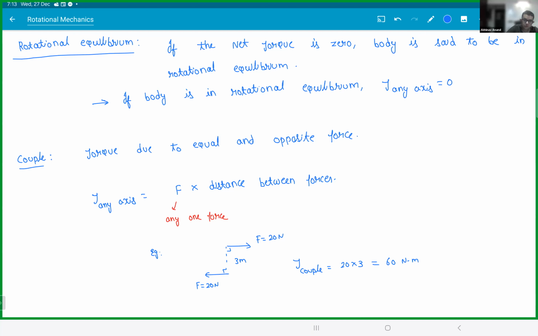So would that be two equal and opposite forces? Yes, equal and opposite forces. How does the couple enable the body to rotate?